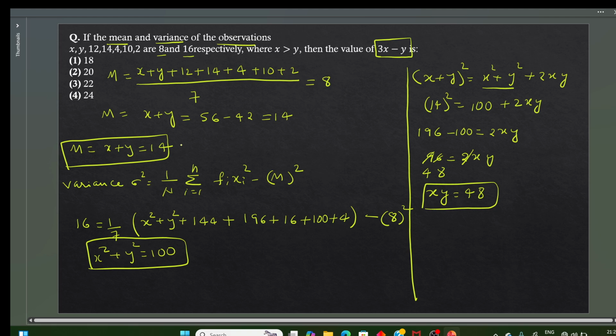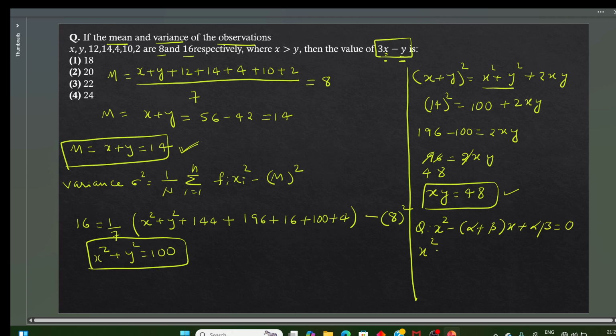Now we need to find x and y, because for 3x minus y we first have to find x and y. Using the basic concept, the sum of the two roots is equal to 14 and the product of the two roots is equal to 48, so we form the quadratic equation. The formula for a quadratic equation is x square minus (alpha plus beta) into x plus alpha into beta is equal to 0.